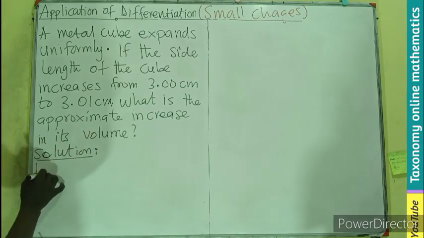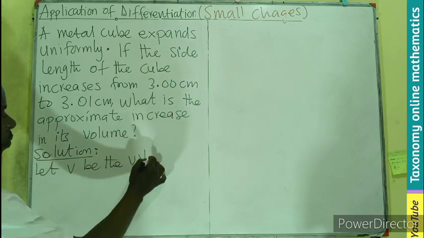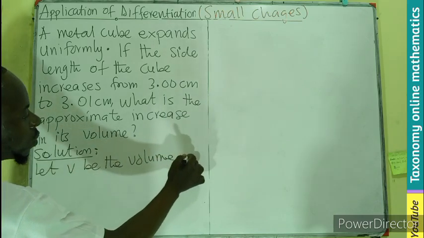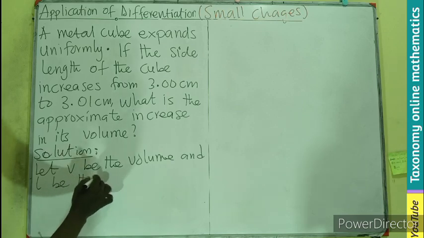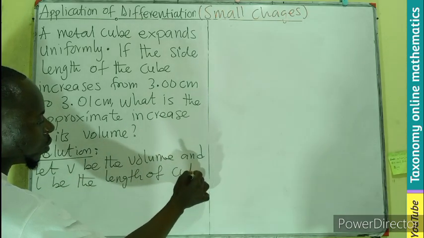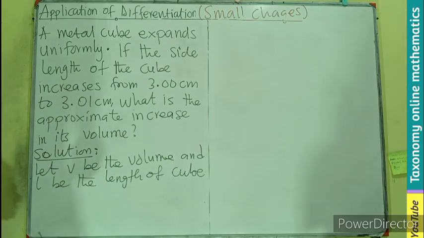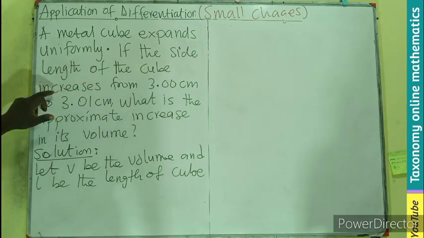Here we can let V be the volume and L be the length of the cube that we are looking for. Let's pick the data from the question. The side length of the cube increases by a small change.